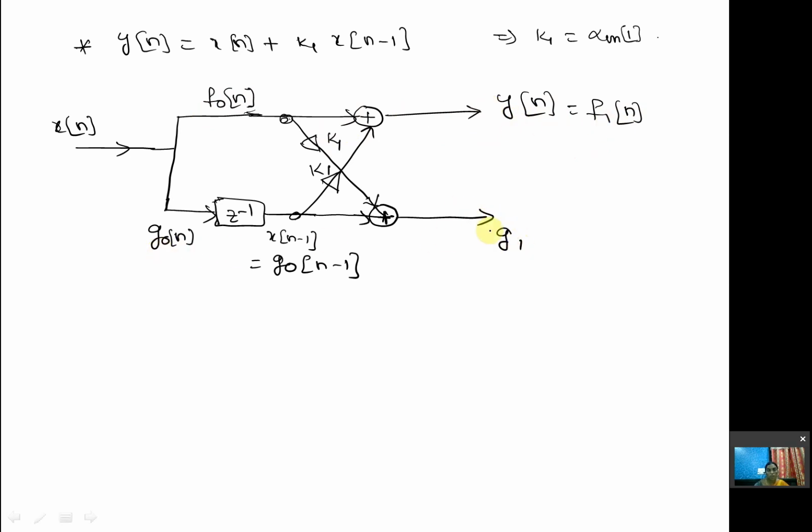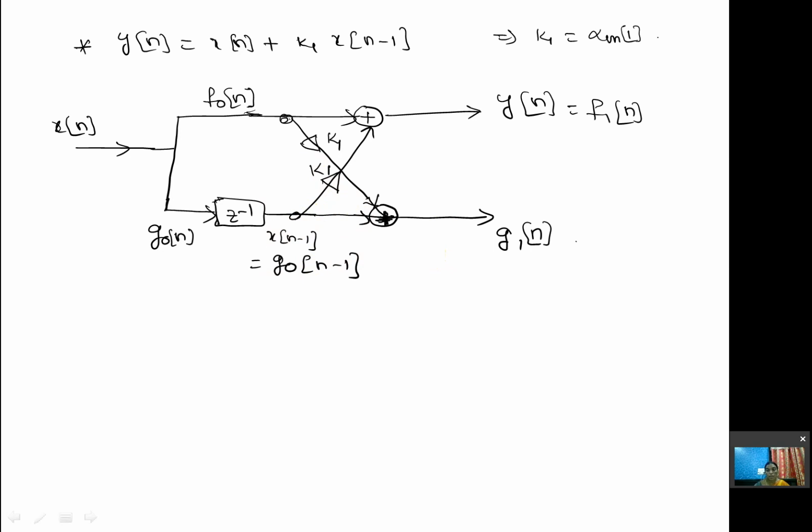If it is g naught of n, for the second stage, it is nothing but g1 of n. Okay, right. So in this way, smartly you just develop the structure. Based on these two values, you can implement the higher order filters.